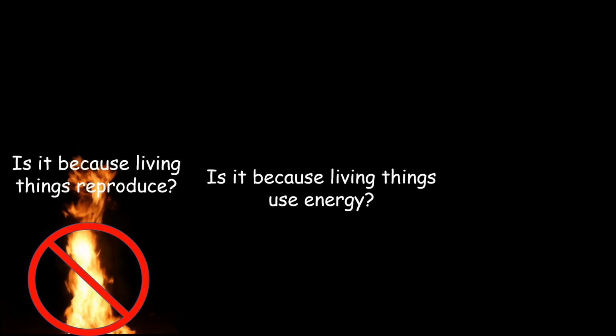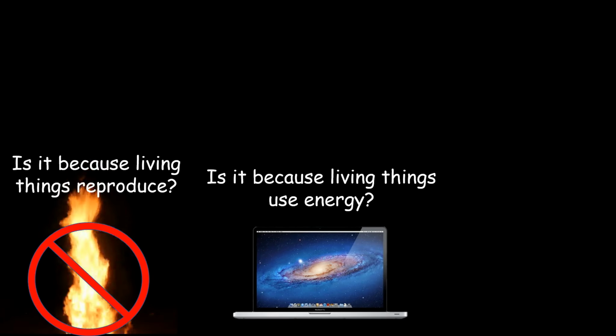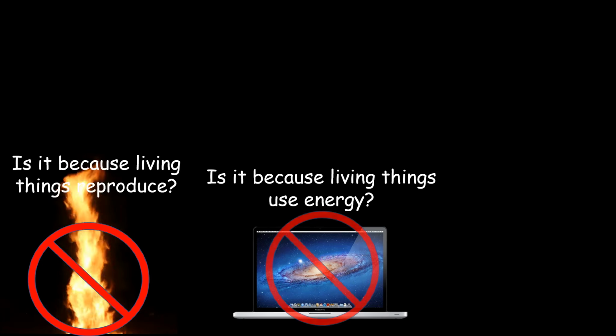If we ask the question, is it because living things use energy? Well, that's a good one because we constantly have to eat food to obtain energy, and plants have to use the sun to obtain energy, but also your computer uses energy. So that alone is not a good test to decide if something is living. I got this.